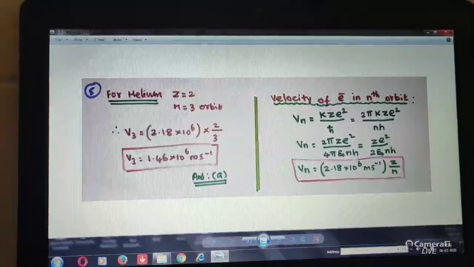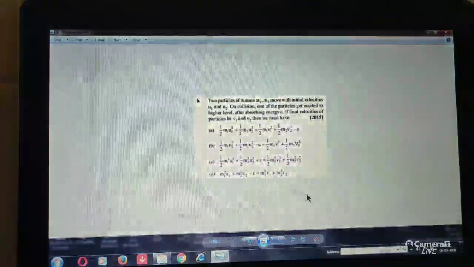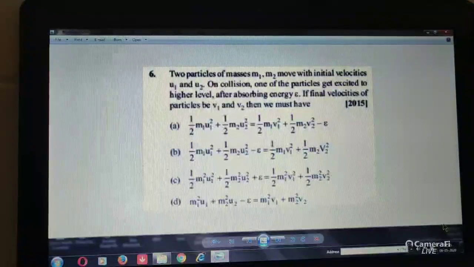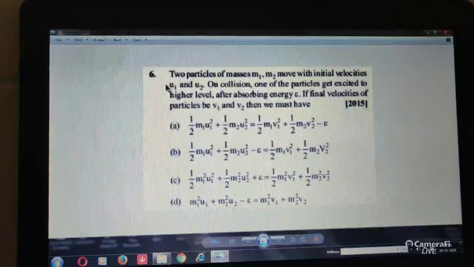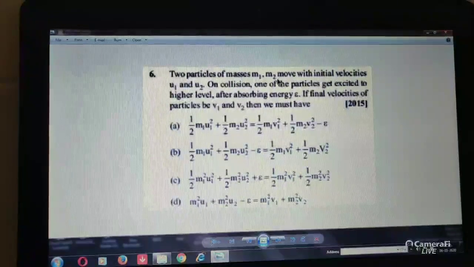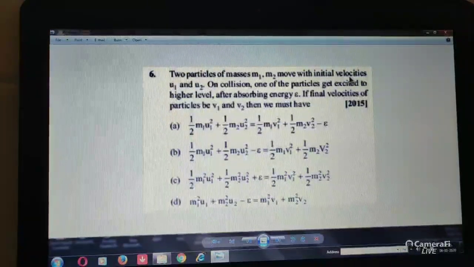Okay, right. Next, 6th question. Listen. See that, two particles of masses m1 and m2 move with initial velocities u1 and u2.